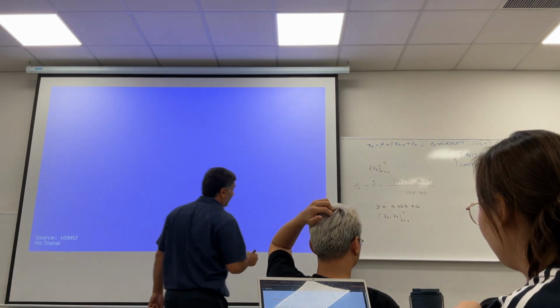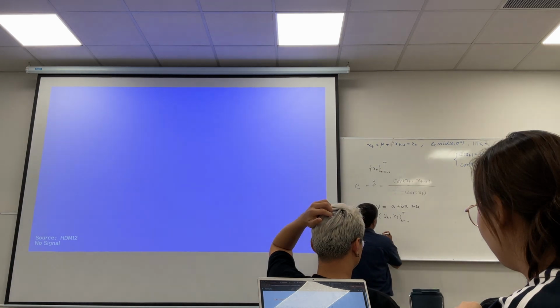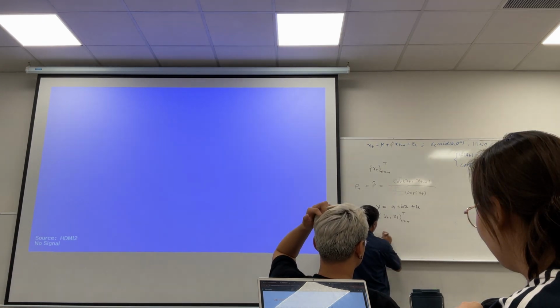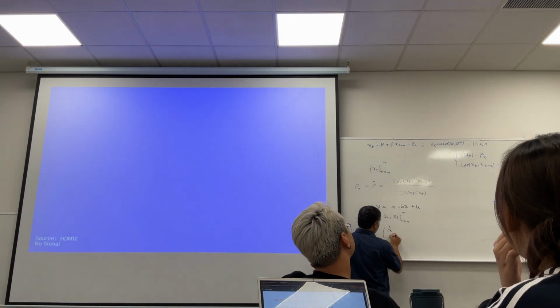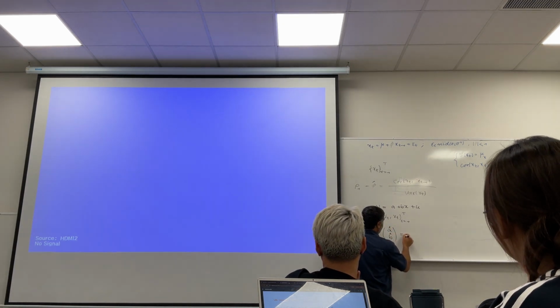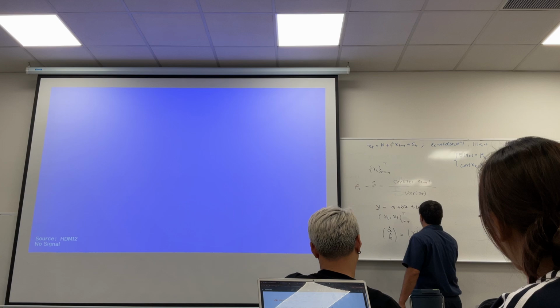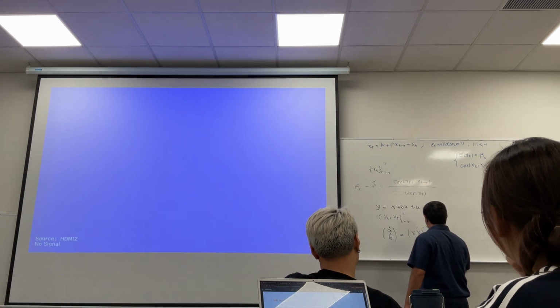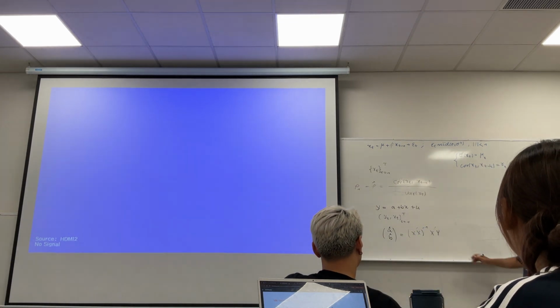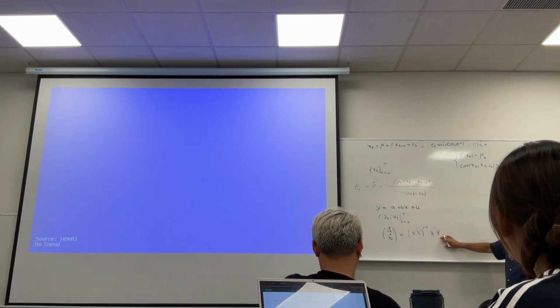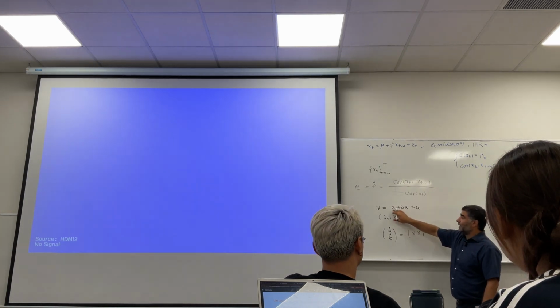So b hat will be x prime x inverse times x prime y. This is OLS. Okay, so how would you estimate a and b?